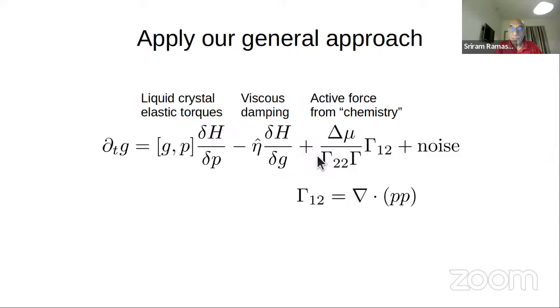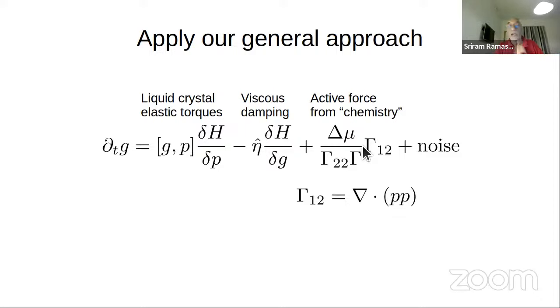I'll get some off-diagonal kinetic coefficient gamma 1, 2, which, because of the algebra of the process I described, has all these other things in it, times the chemical driving force. And what we're going to do is we're going to say this is an active system. That is to say, I'm going to impose the chemical driving force to be some arbitrary constant. I'll call it delta mu.